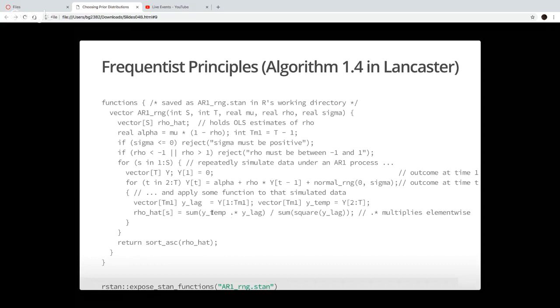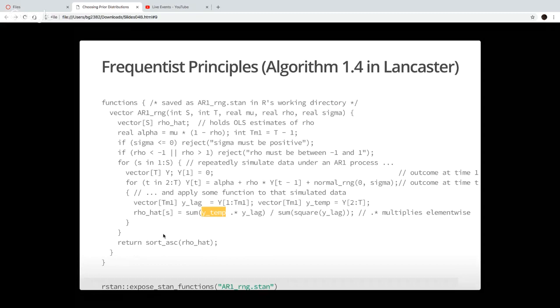So we want the element-wise product of the forward version of y and the lag version of y, all summed up, divided by the sum of the squares of the lags. That is the OLS estimator for the coefficient on the lag of y term in the AR1 process.